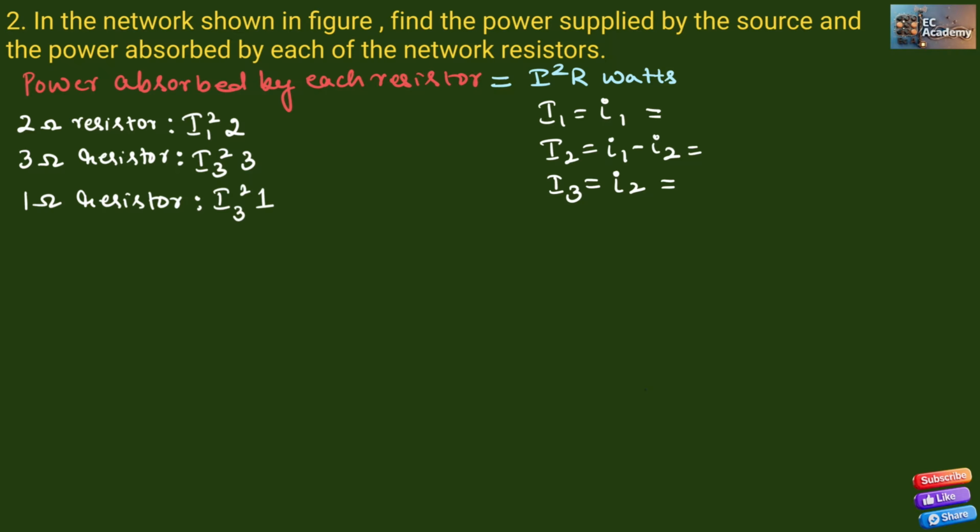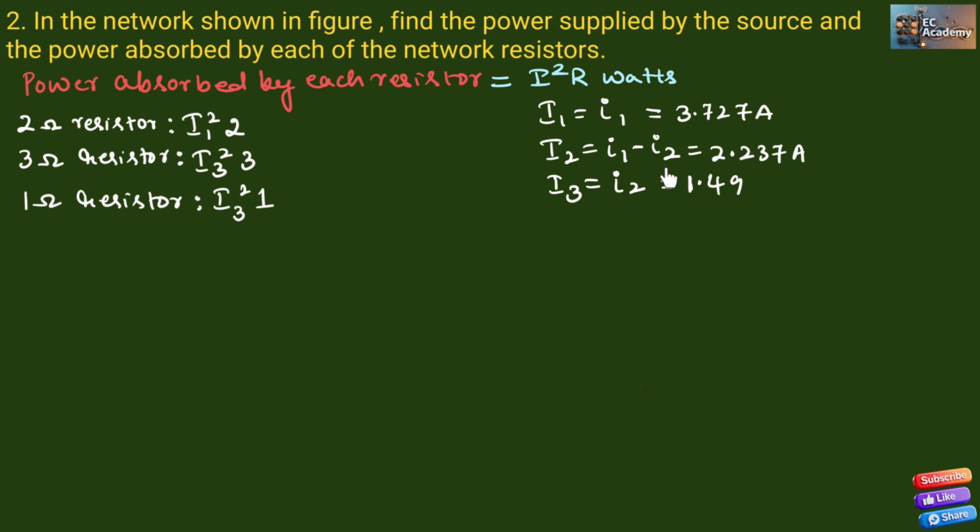So here only the real parts of the values have to be written. So I1 will be equal to 3.727. I3 will be equal to 1.49. So I2 will be equal to 3.727 minus 1.49. So that will be equal to 2.237 amperes.